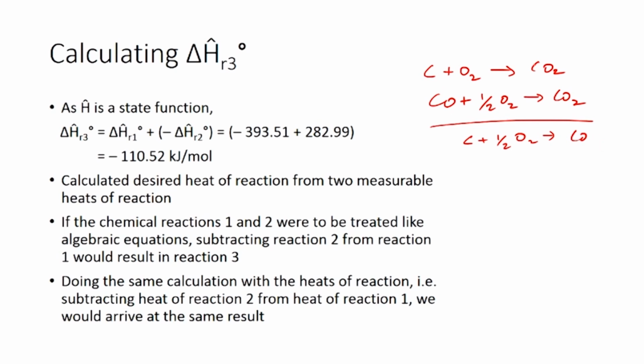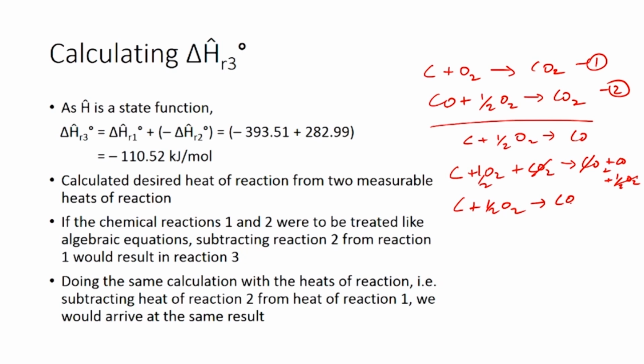If we subtract reaction 2 from reaction 1, 1 minus 2 would be C plus O2 plus CO2 gives CO2 plus CO plus half O2. So CO2 gets cancelled and the half O2 is subtracted from the left, giving you C plus half O2 gives CO. This is the reaction of interest.